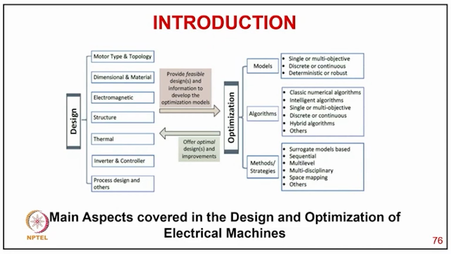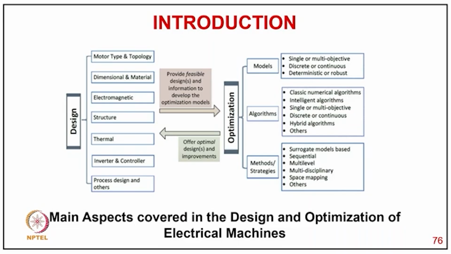We start from the design, which consists of motor type of topology, dimension and material, electromagnetic calculation, structure calculation, thermal calculation, inverter conduction, process and design, and then provide the feasible design and information developed to the optimization model. Optimization of course uses a model for calculation like single or multi-objective, discrete or continuous, deterministic or robust.